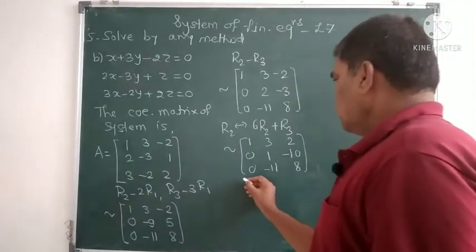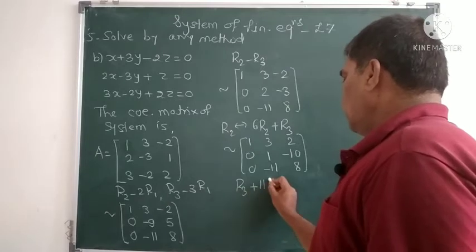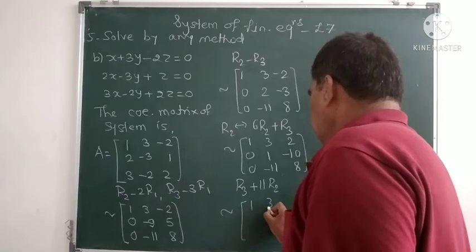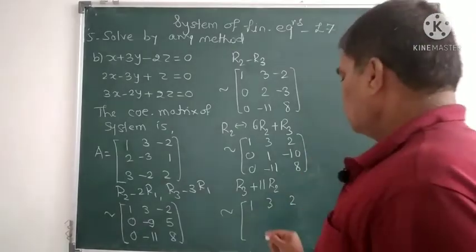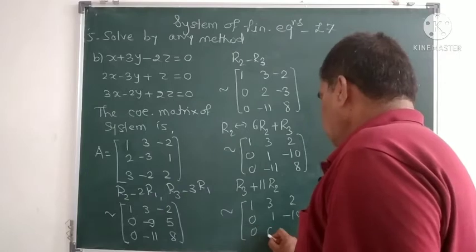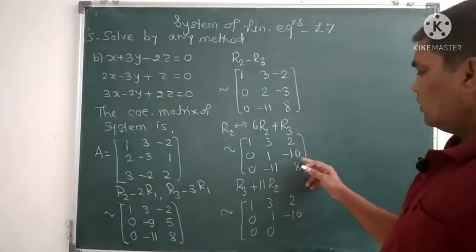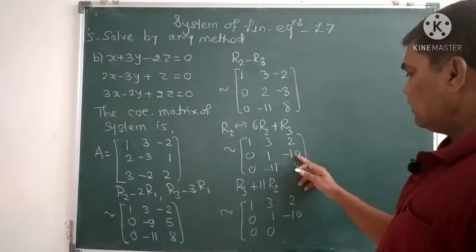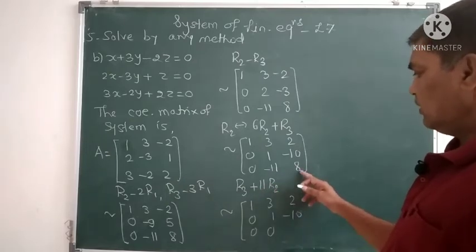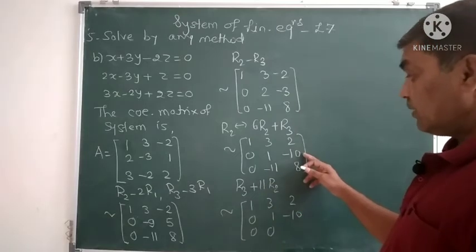And then the last one, R3 plus 11 R2 gives us, this is equivalent to 1, 3, 2, 0, 1, minus 10, 0, 0, and 8 minus 110, right. This is 8 and minus 110.